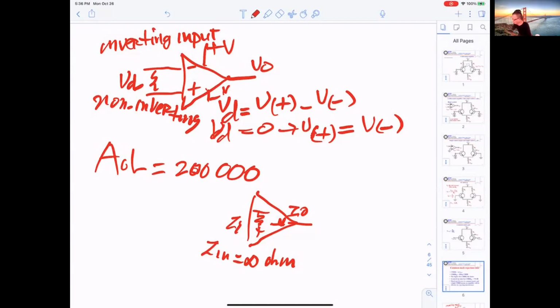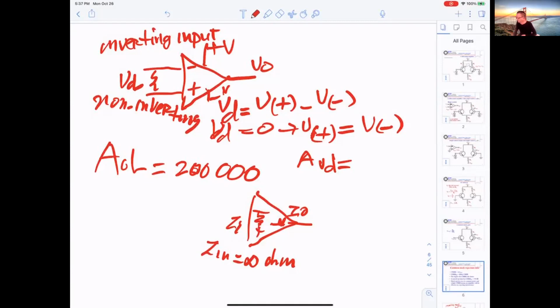Okay, also you can see you can get a VD. What is AVD?